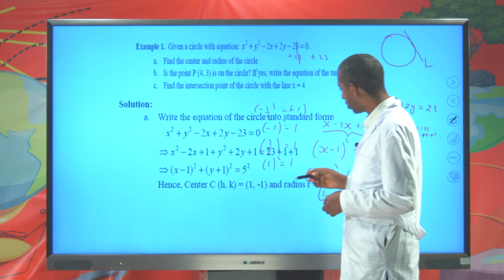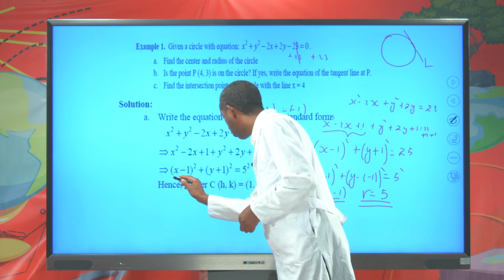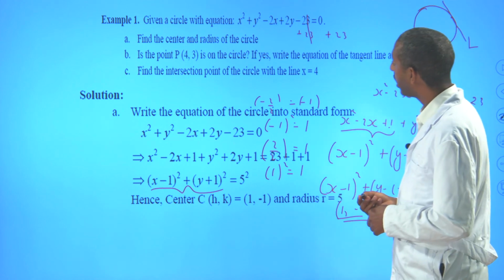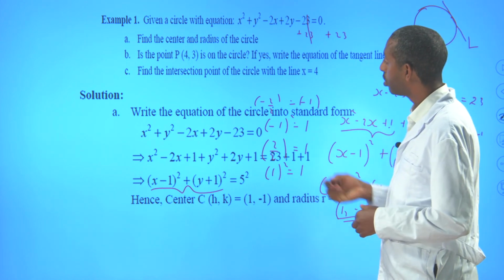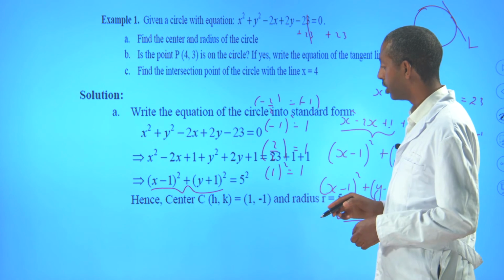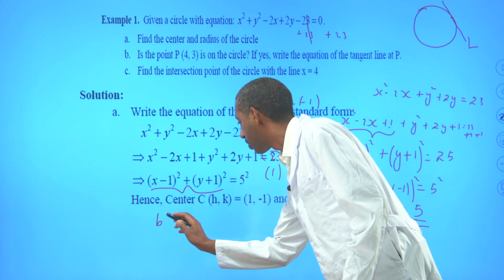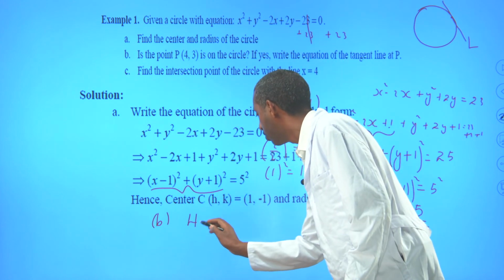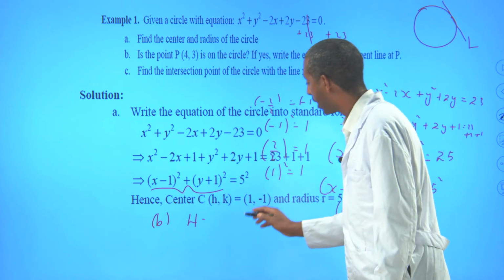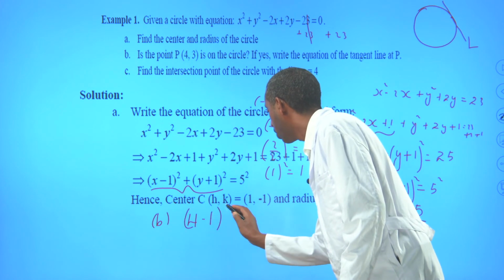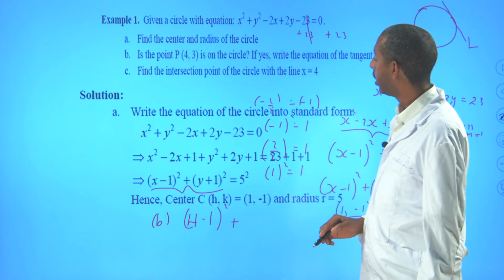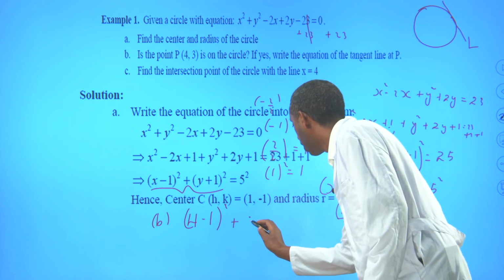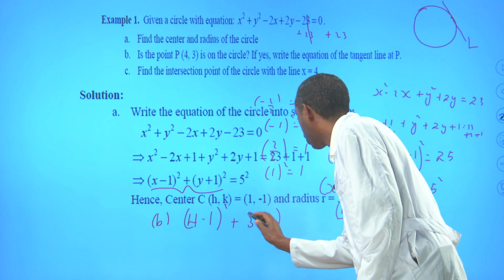For example, if we use the standard form of the equation and substitute (4, 3), in place of x, substitute positive 4: (4 minus 1) the whole square, plus, in place of y, substitute positive 3: (3 plus 1) the whole square.